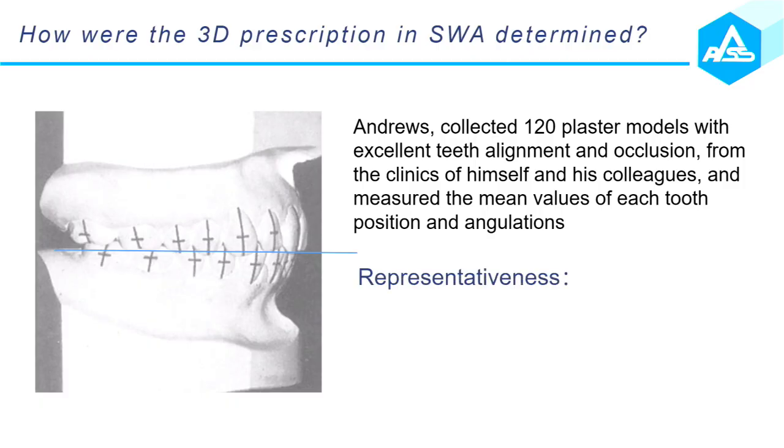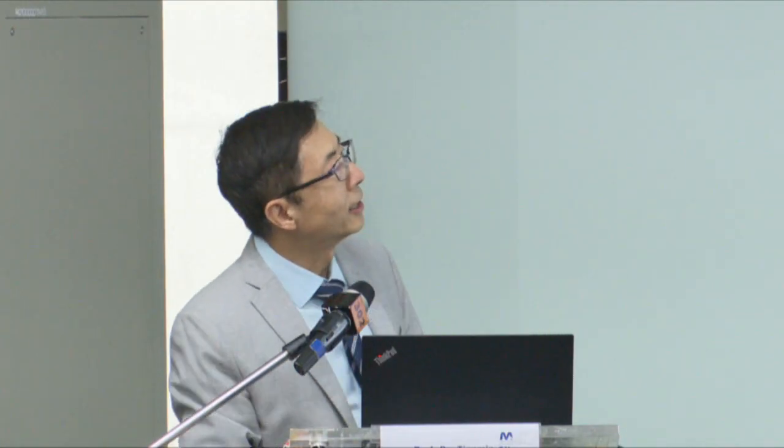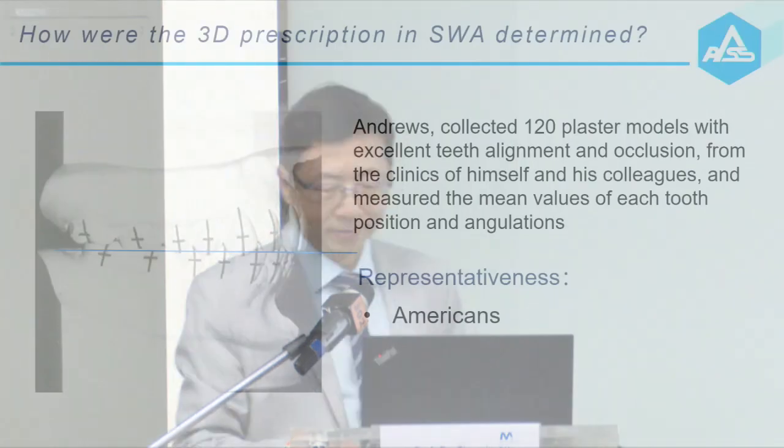Let's look at the representativeness of this sample. Dr. Andrews is in San Diego. So he collected study casts in his clinic and his friend's clinic, so it represents Americans, right? Not Chinese, not Thai, right? And he collected ideal occlusion cases.